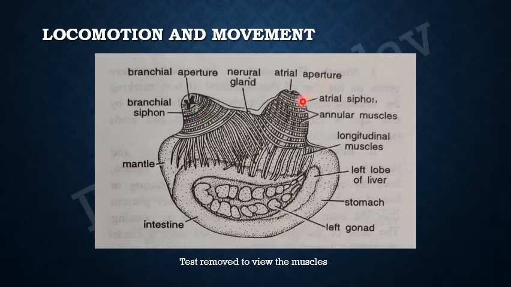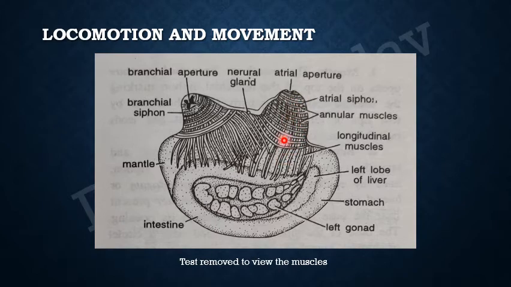Here I told you this is the stomach and intestine, and the rectum and anus open somewhere over here in the atrial siphon. So when it opens over here, the cavity in the atrial siphon gets filled with dirt, and so once in a while, the animal contracts its longitudinal muscles, and there's a jerky movement.